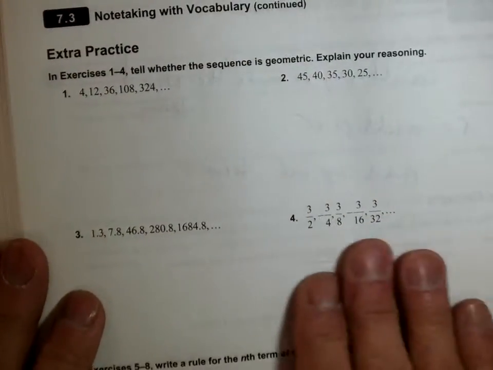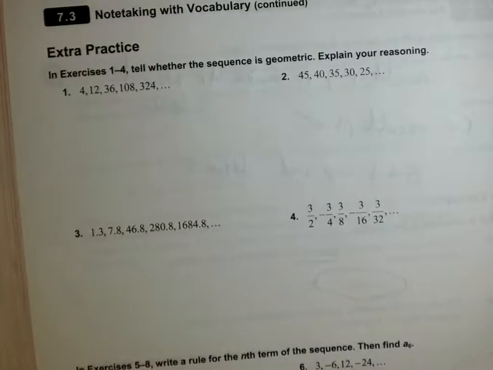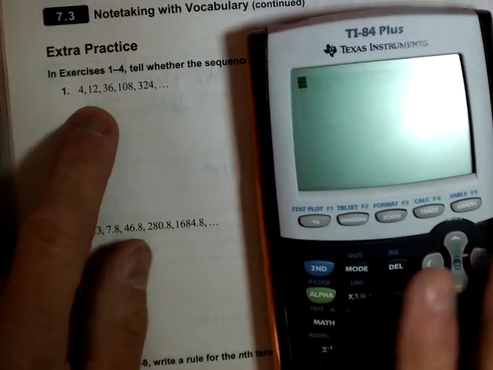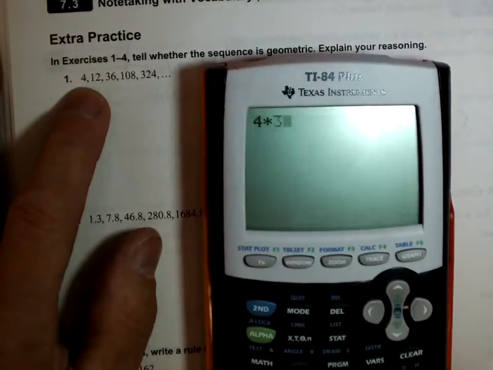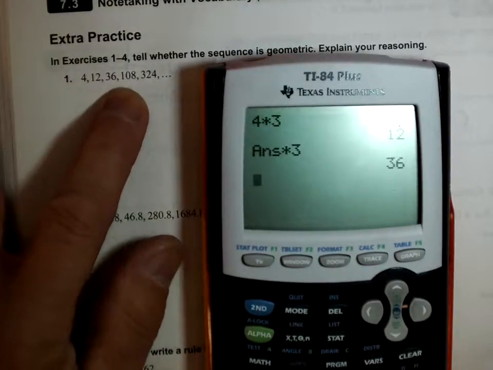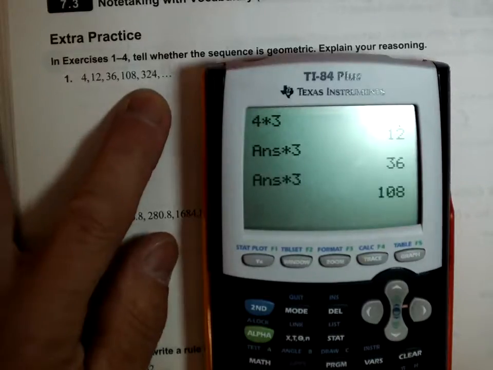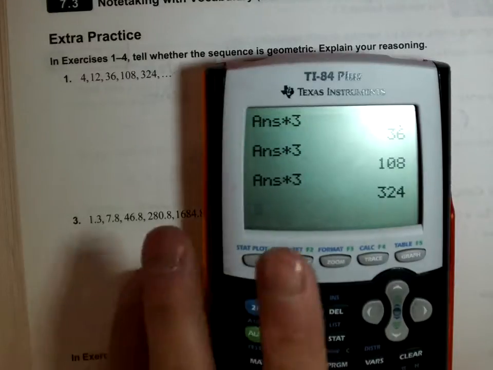Page 208. First of all, it says, tell whether it's geometric. Explain your reasoning. So what I would do is this. I have a suspicion that probably it's times by 3. So what's 4 times 3? 12. 12 times 3, 36. Yeah, it's working, times 3. 108, yeah, times 3. It's got to be geometric because I can multiply by 3.